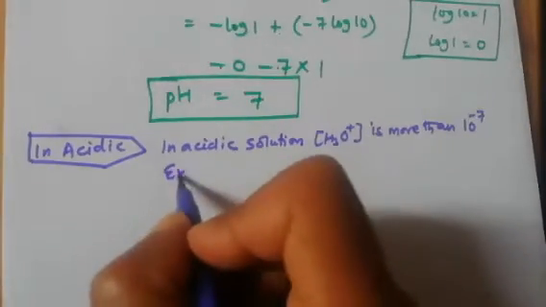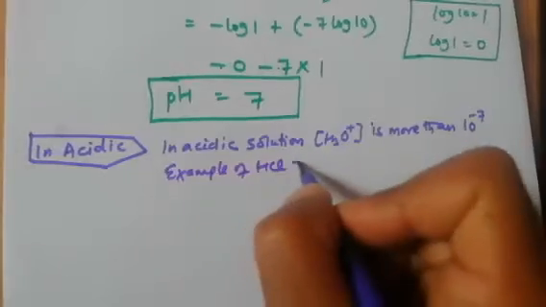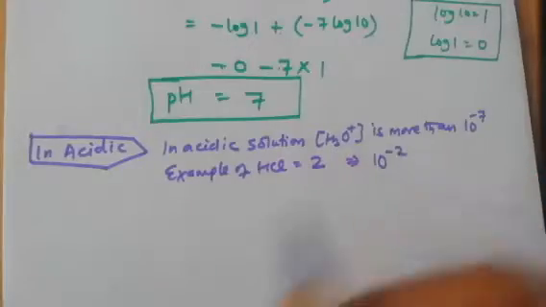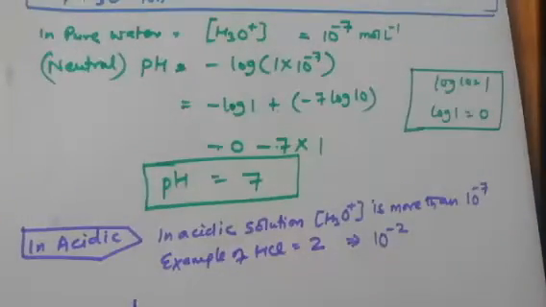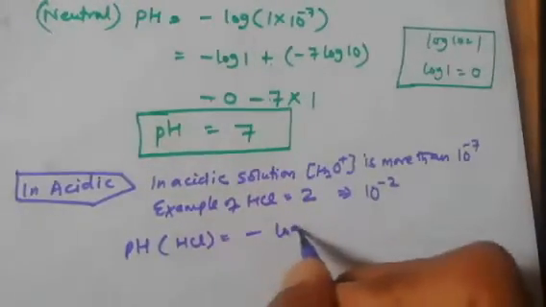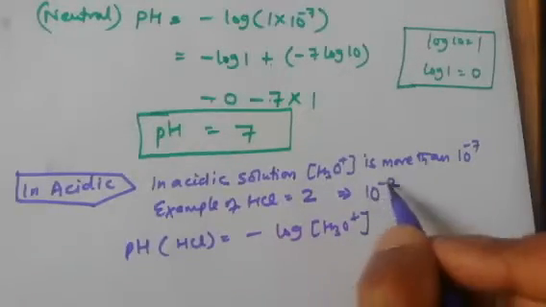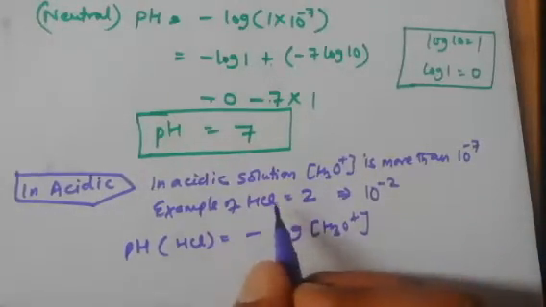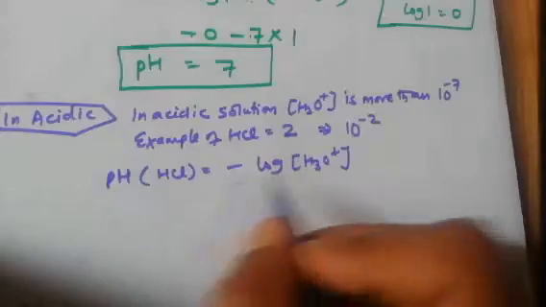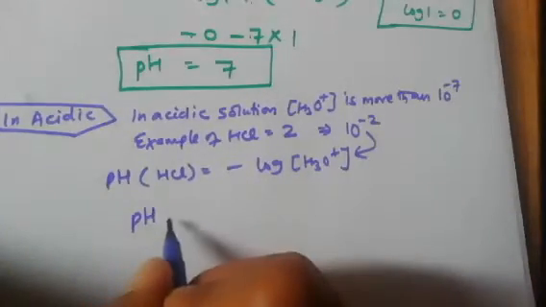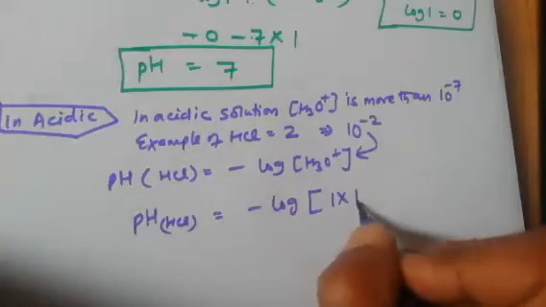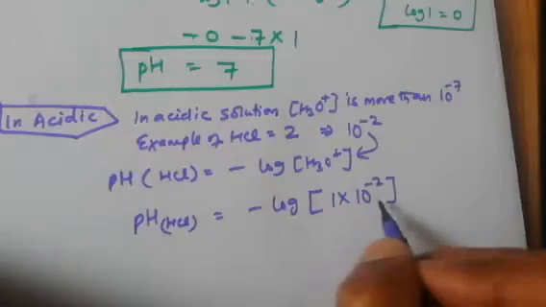So for example, if I take HCl and its pH value is 2, it will be written as 10 raised to power minus 2. To calculate its pH, the pH of HCl is minus log H3O positive, because this much H3O positive is there in HCl. So we put this value here: minus log of 10 raised to power minus 2, which is 1 into 10 raised to minus 2.